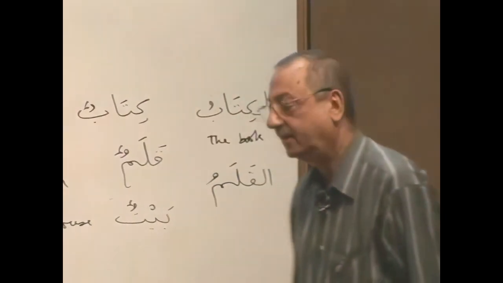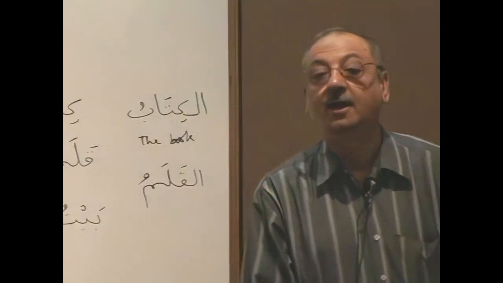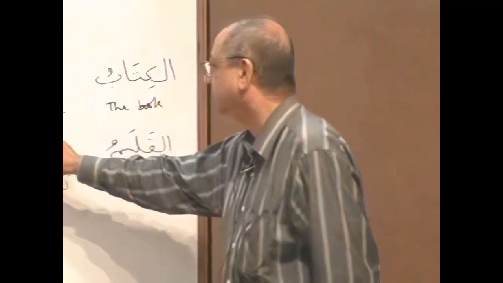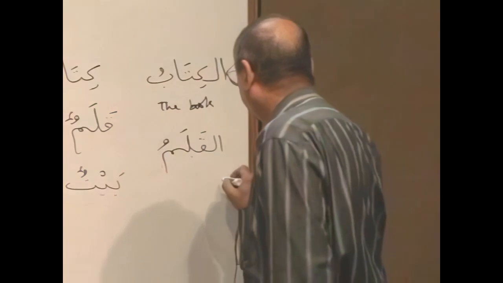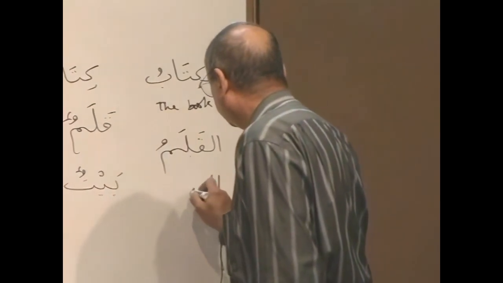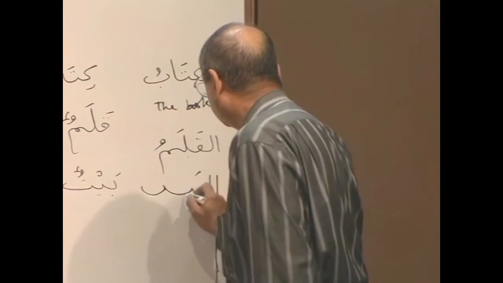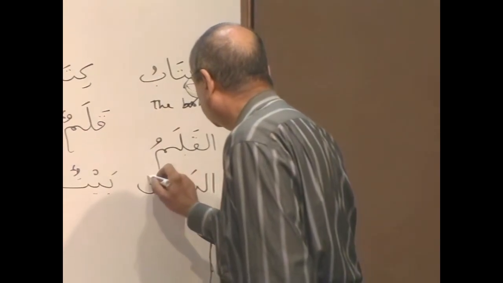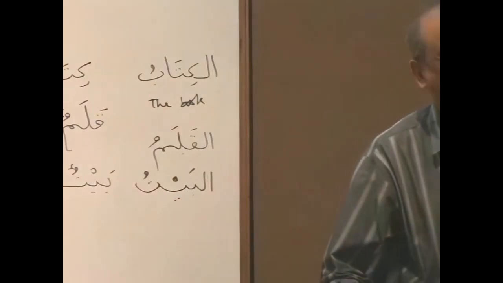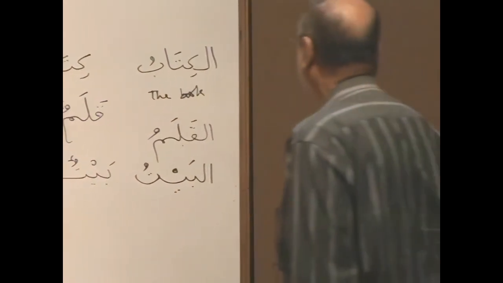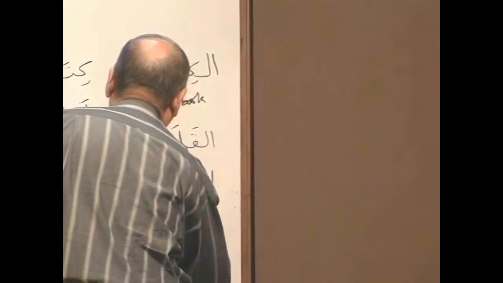If I write al-kalamun, that is wrong, because tanween and al cannot coexist. One has to come and the other has to go. So if you say al, then only one dhamma. And then here comes al-baytu. Instead of baytun, it became al-baytu, meaning the house.